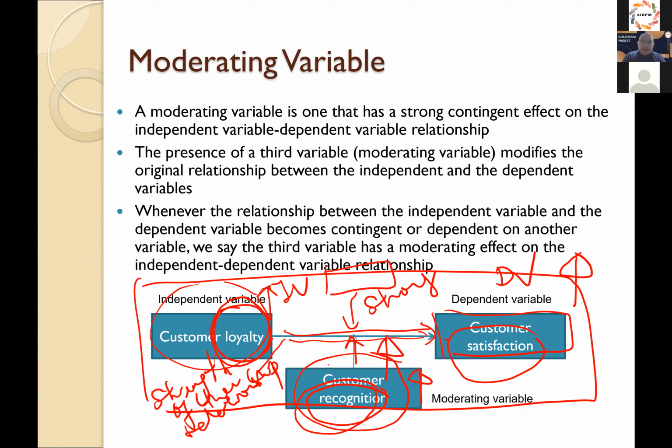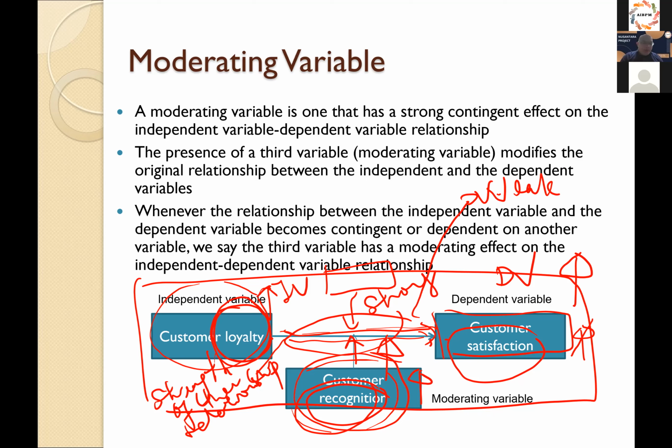In that case, you are still satisfied with the product, but not so satisfied. So the relationship becomes weak already. That means this variable is able to change the relationship between IV and DV. Either it makes it strong, or it makes it weak. So the IV to DV relationship can be strong or weak due to a third variable.